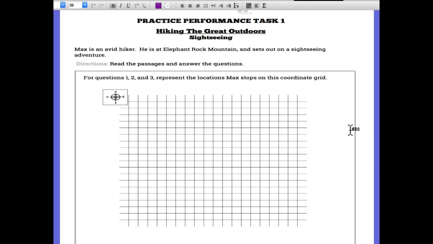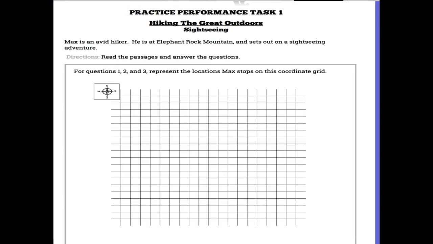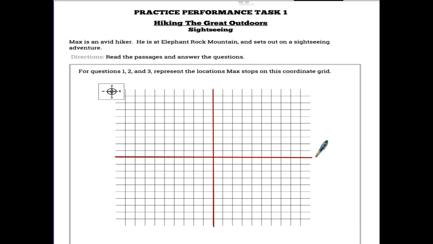Okay, so let's check and see how you did first. You need to create a coordinate grid. I am not counting how many lines there are here. You probably did that first, but I'm just drawing.